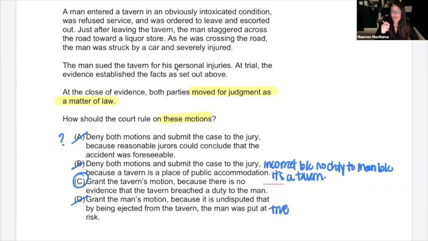Here, if there was negligence, it would be required that the man was put at risk, but he must have also owed a duty. So it's necessary, but on its own, it's not sufficient to meet the requirement for negligence. They haven't proven it, so they should grant the tavern's JMOL. All right.